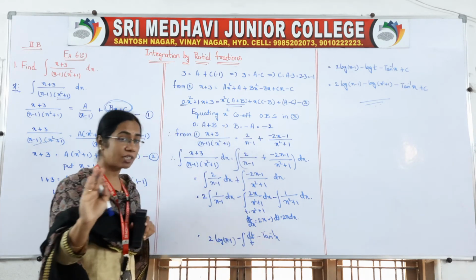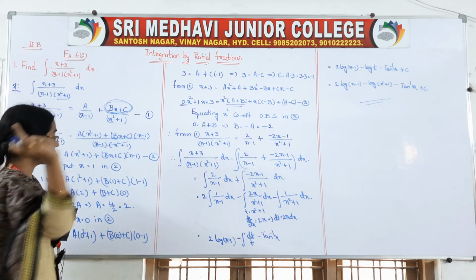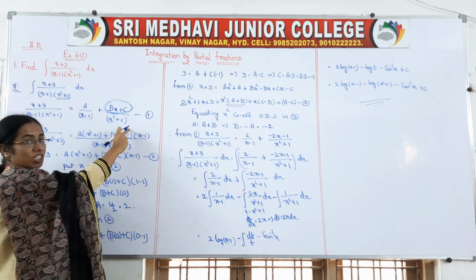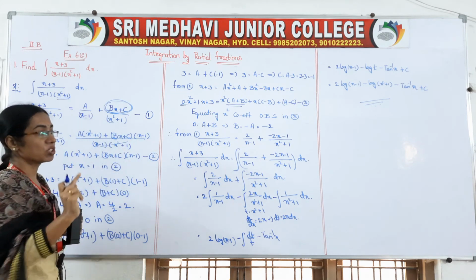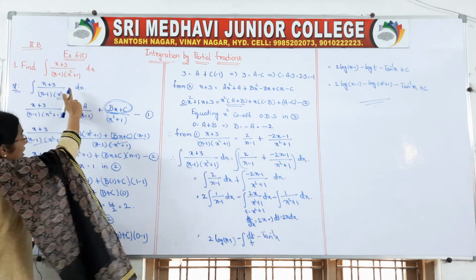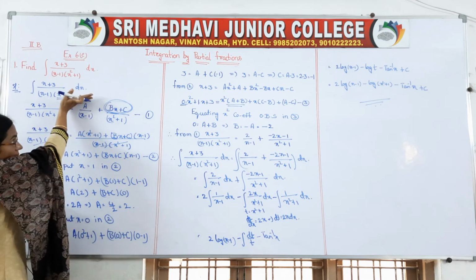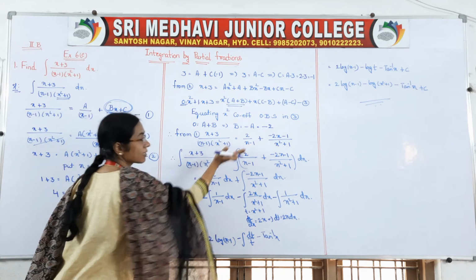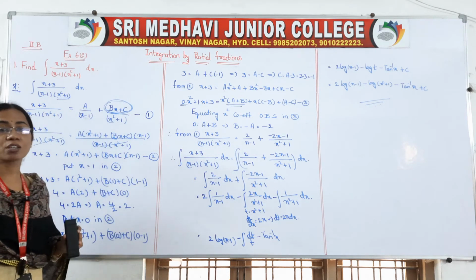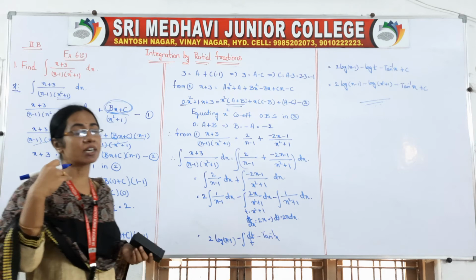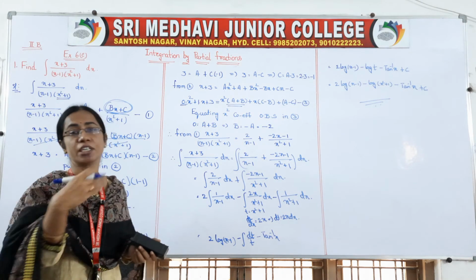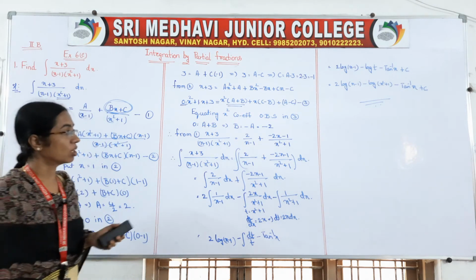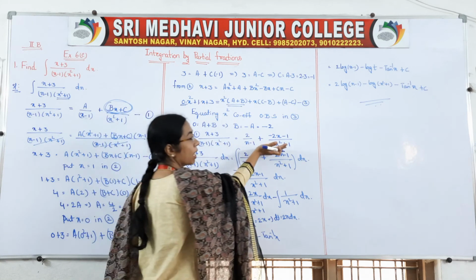Once we have got all the constants A, B, C, you substitute them in your first equation. So we substituted. After that you take your integral. From this step to this step, this problem belongs to partial fractions. We are resolving the fraction into partial fractions. Okay, so we got the partial fractions.